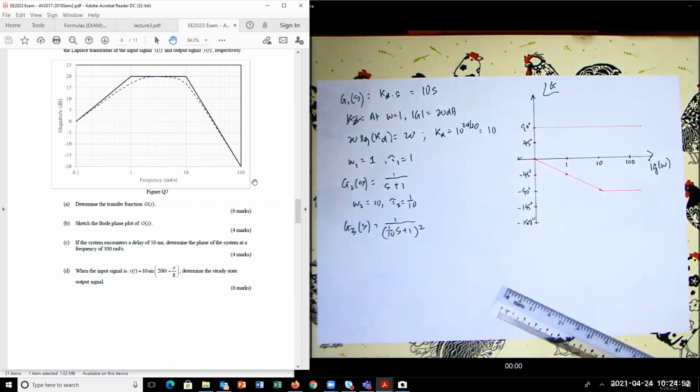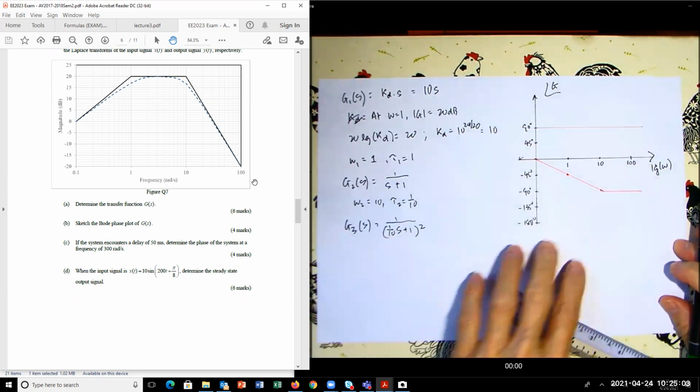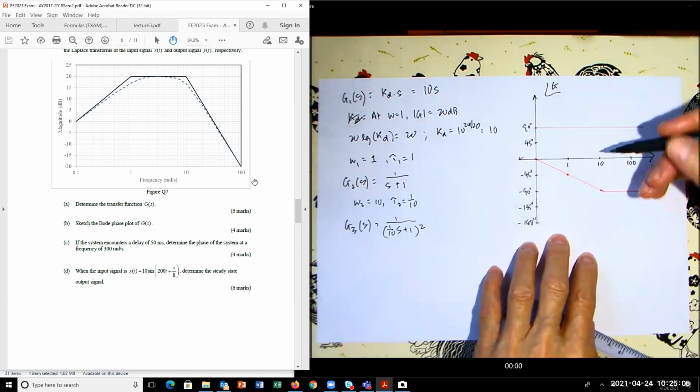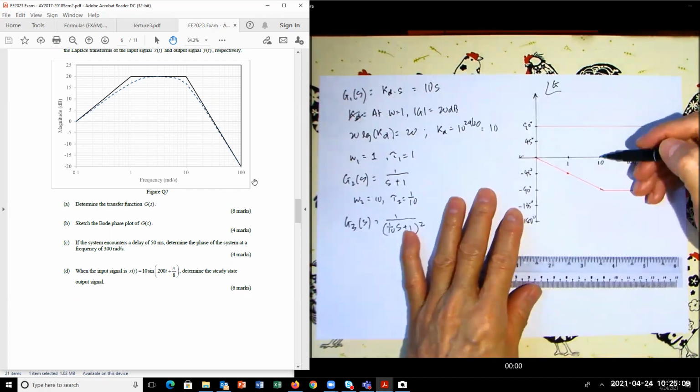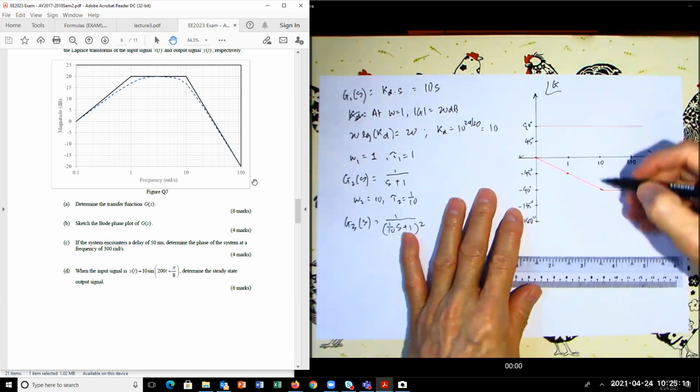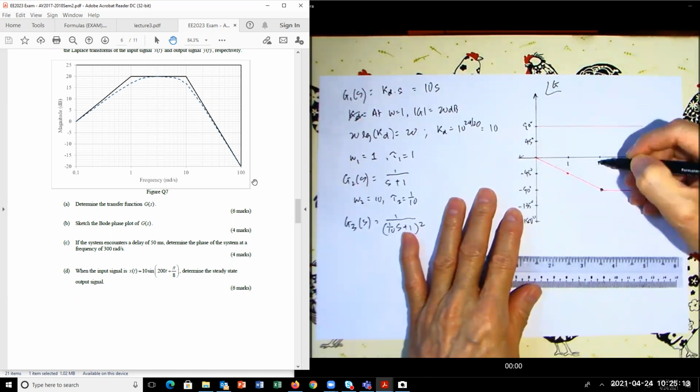Then we have G3. Let me take another color for G3. So the corner frequency is 10 now, and it's a second order. At 10, it will be minus 90.